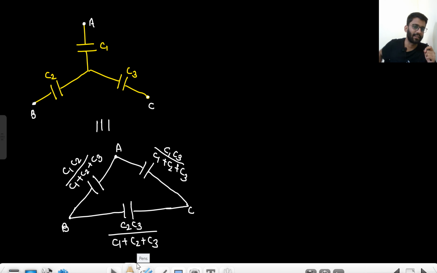But it is the capacitor. It will increase in resistor and inductor. Capacitor is opposite. Capacitor always does the opposite thing. It should increase, but in case of capacitor, it will decrease. Okay, so it will be like multiplication of these two divided by the addition of all three. So this is the final formula.